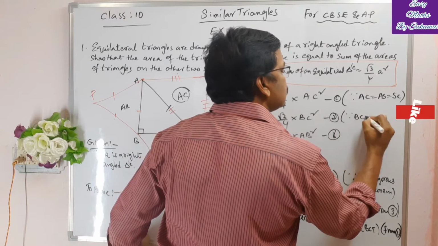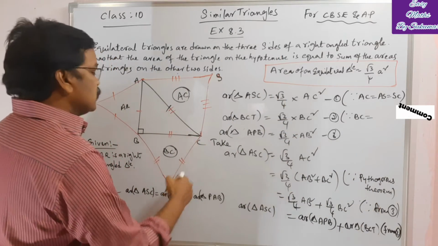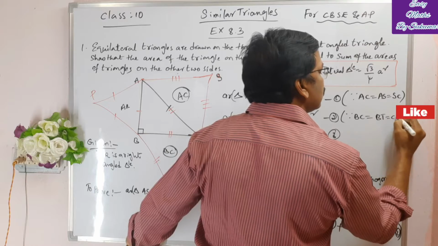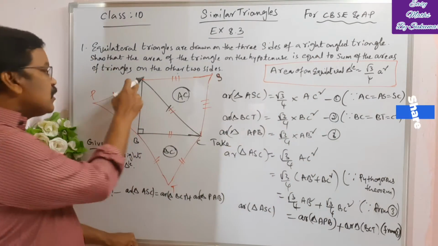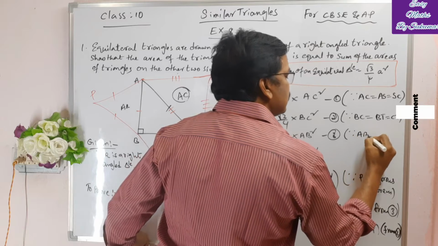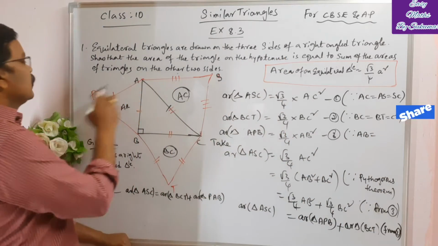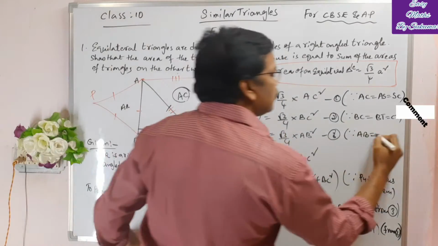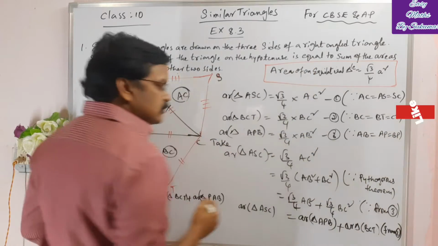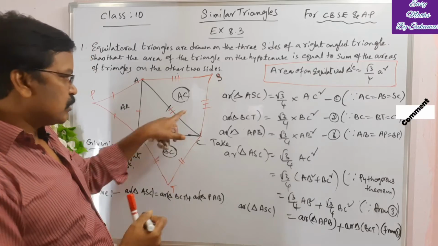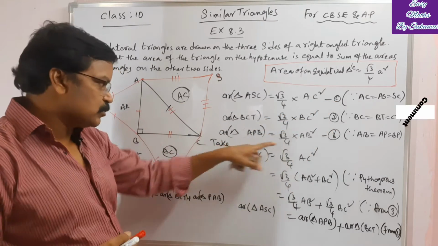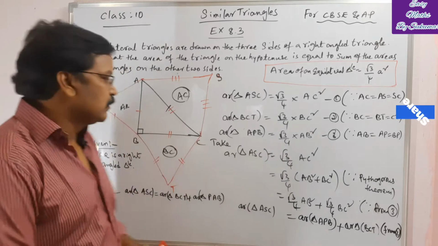Since BC is equal to CT and BT, and it is also equal to CT. Here this AB is equal to what? Since AB is equal to AP and BP. Right. Because of this reason, this triangle area is root 3 by 4 AC square, this triangle area is root 3 by 4 BC square, this triangle area is root 3 by 4 AB square.